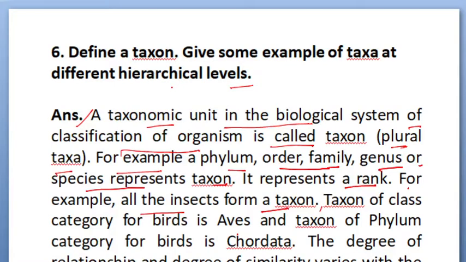The degree of relationship and degree of similarities varies with the rank of taxon. Individuals of a higher rank, say order or family, are less closely related than those of lower rank, such as genus or species. Okay, now we will discuss question number 7.